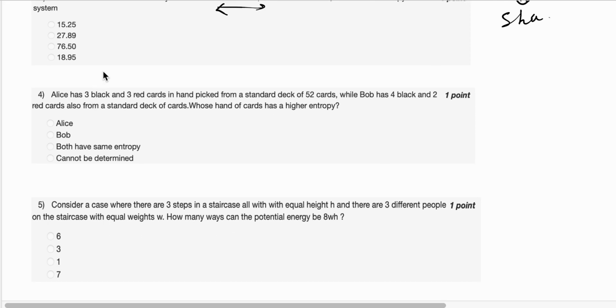So now let's go to the fourth problem. The fourth problem, along the same line, is that Alice has 3 black and 3 red cards in hand, picked from a standard deck of 52, while Bob has 4 black and 2 red cards, also from a standard deck of cards. Whose hand has the higher entropy?